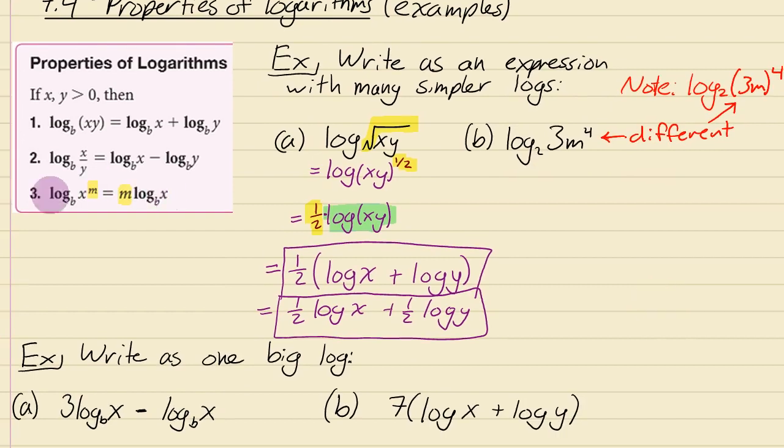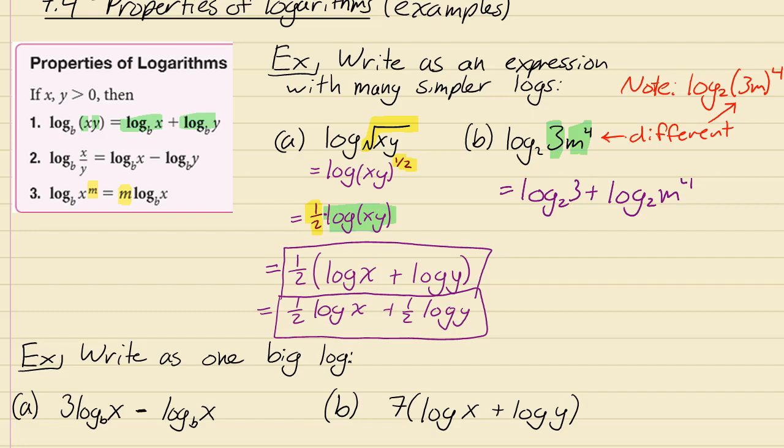We can't actually use this property 3, but what we can use is property 1 because it's written as 3 is like one of the factors. The other factor is m to the 4th power. So we can do that as this, separating it out into a sum like so. So that's going to look like log base 2 of 3 plus log base 2 of m to the 4th power.